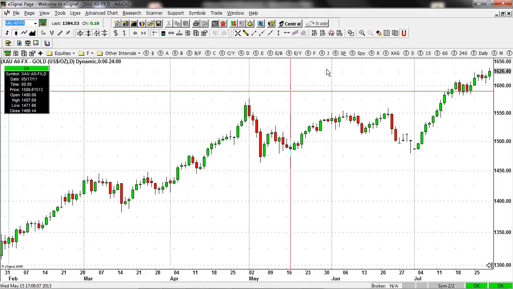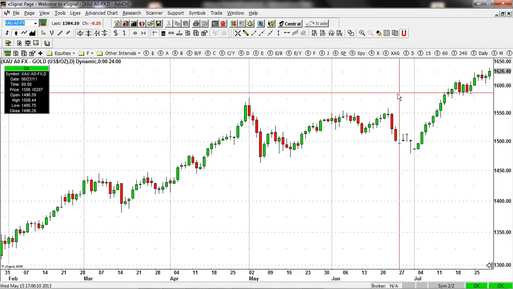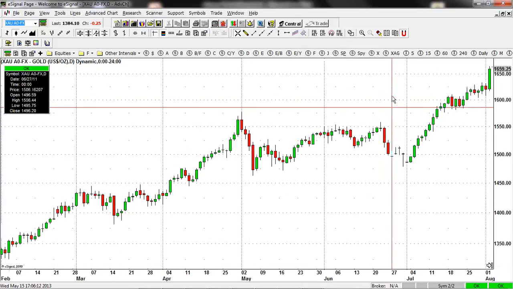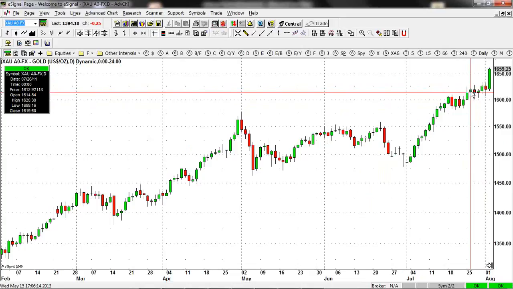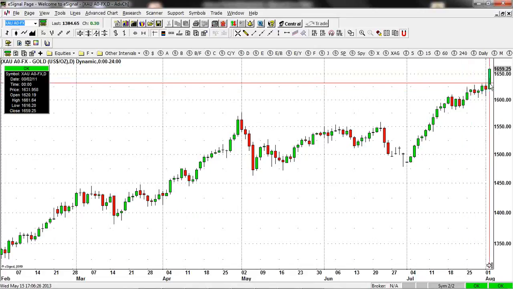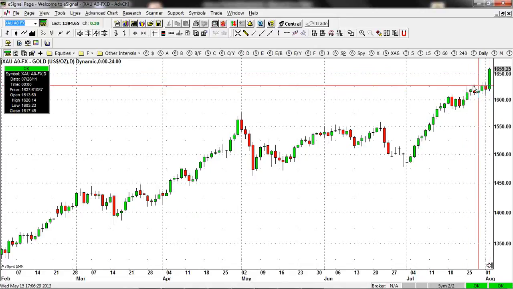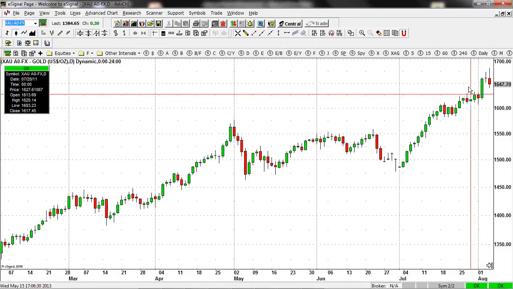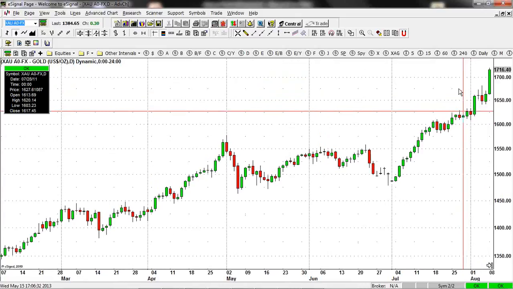Or let's see if we see a doji. This pattern here was not exact. This candle here is not exactly a doji star. It's close enough, and you had a breakout above the doji on this candle, and the market kept going up.